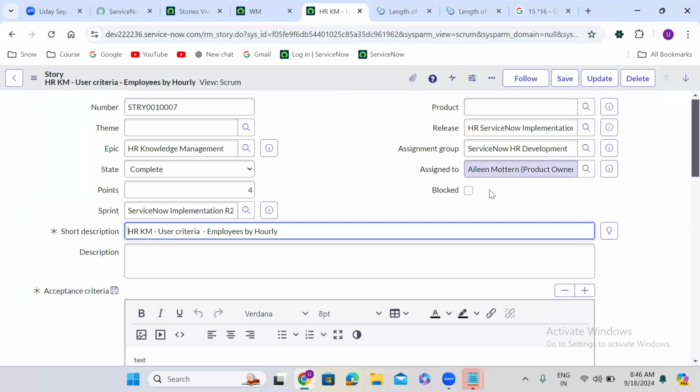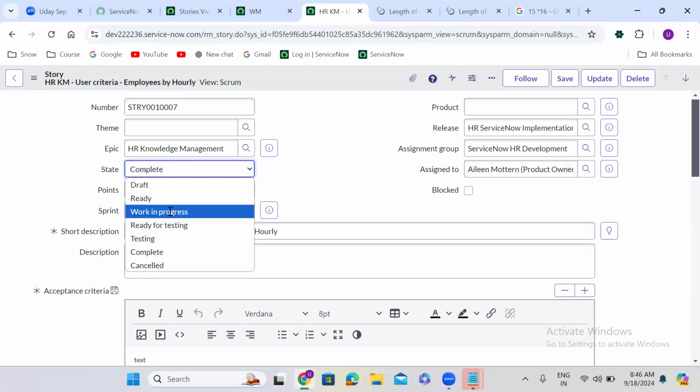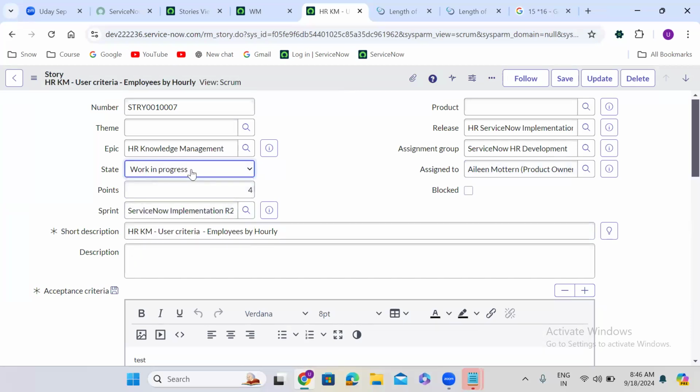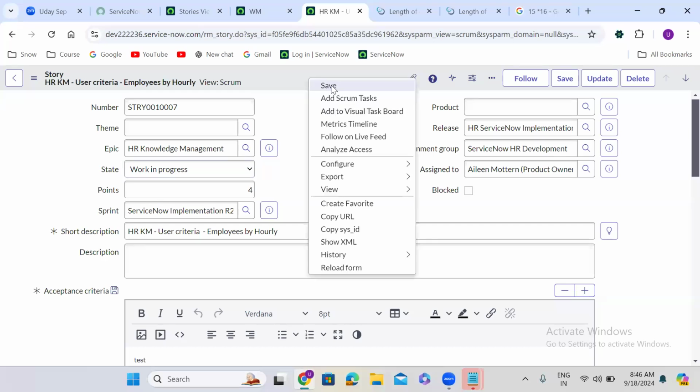This guy has to keep it in work in progress when he starts working on this particular requirement.